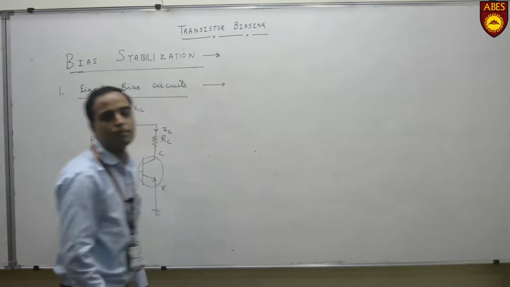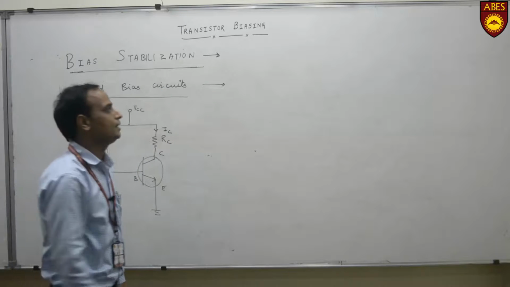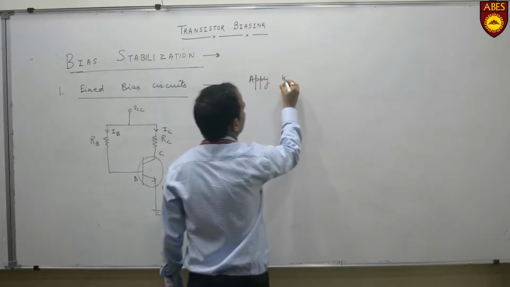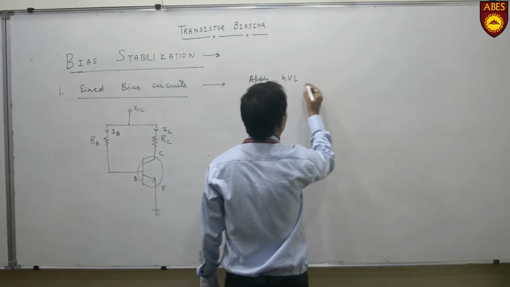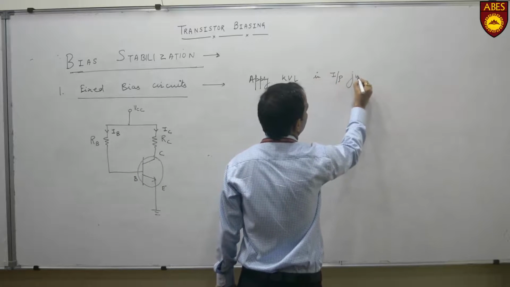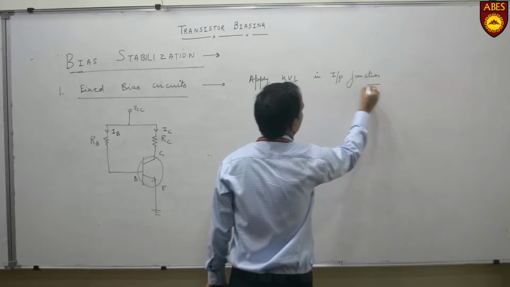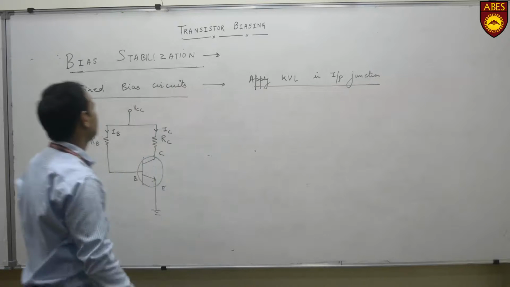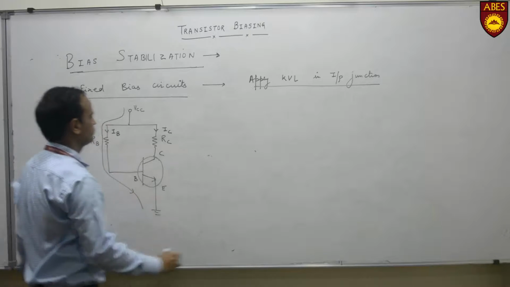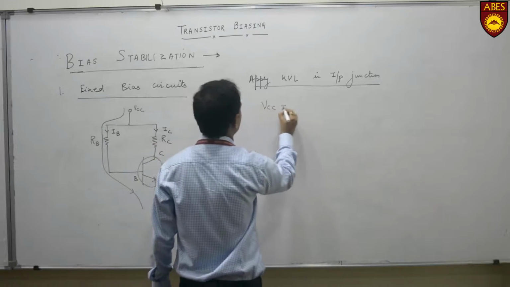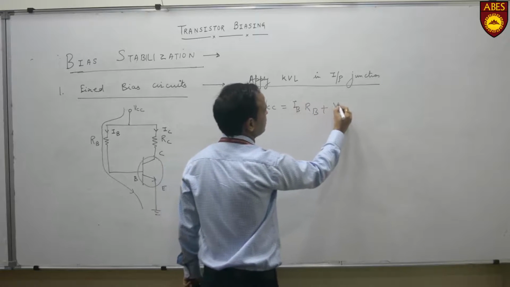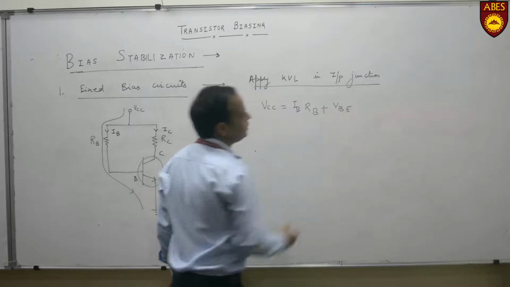Now in order to find the operating point, we have to apply KVL across the input and output junction. So first we apply KVL in the input junction. So this is my input loop. VCC is equal to IBRB plus VBE.